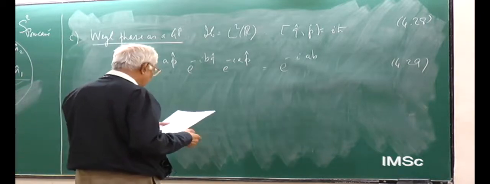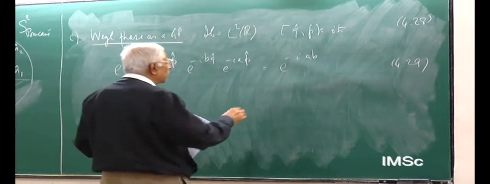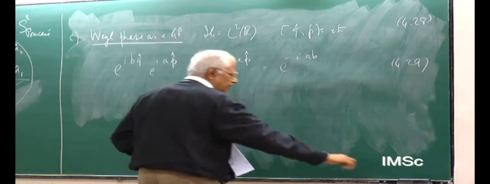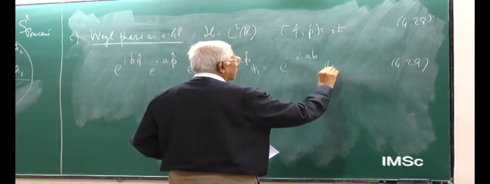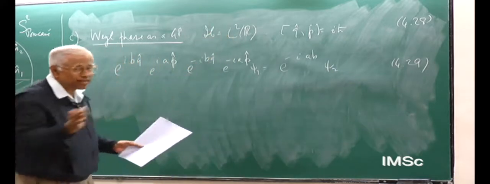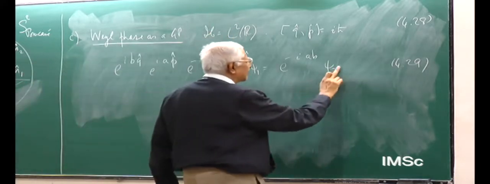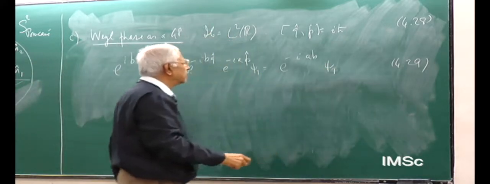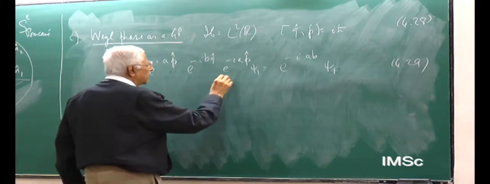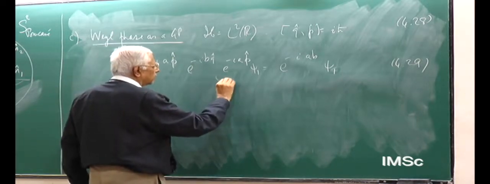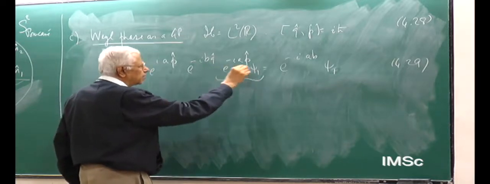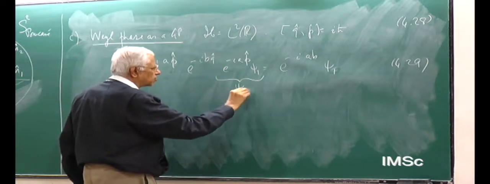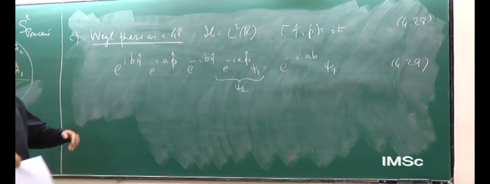So what I will indicate is the following. Take any vector psi 1 in the Hilbert space, any vector psi 1. Now, you can imagine going from psi 1 to this vector, which I call psi 2, by a gradual evolution.